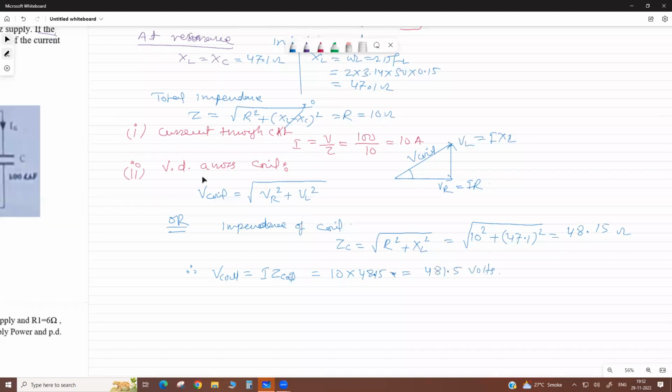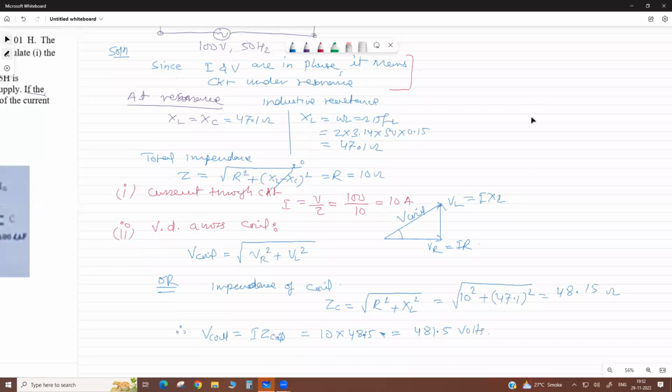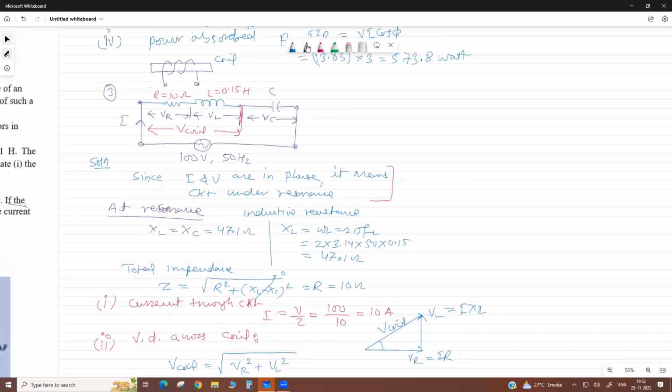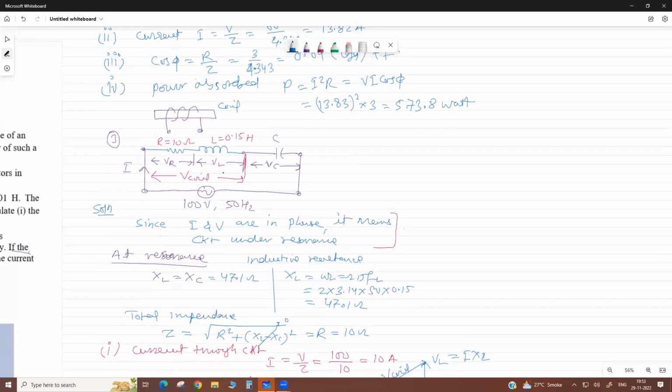Okay, so at resonance, if you add the voltage here to here, it is almost 500 volt. What we apply here? 100 volt only. But we get a voltage across inductor of 480 volt.